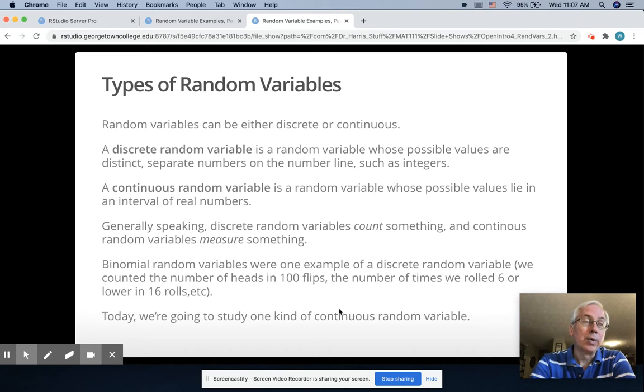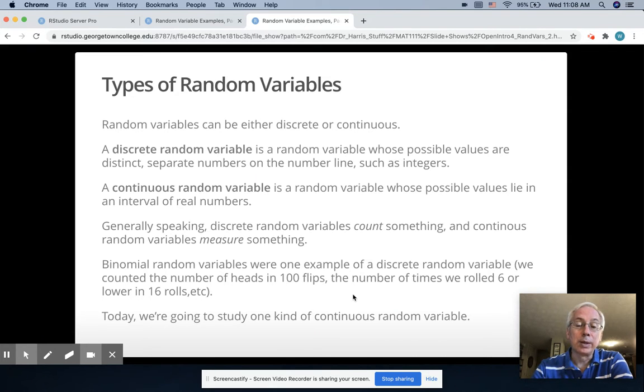So a discrete random variable is a numerical outcome of an experiment in which we're counting something. A continuous random variable is a numerical outcome of a situation where we're measuring something. In the binomial case, we were counting the number of successes, and so a binomial random variable is an example of a discrete random variable. In this section, we're going to be talking about a specific type of continuous random variable, the normal random variable.